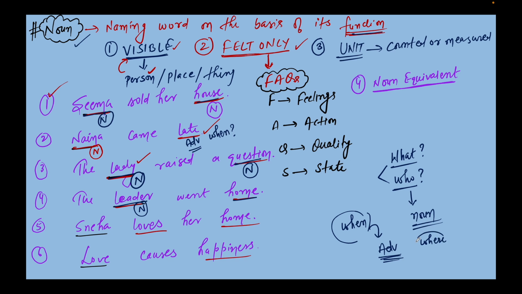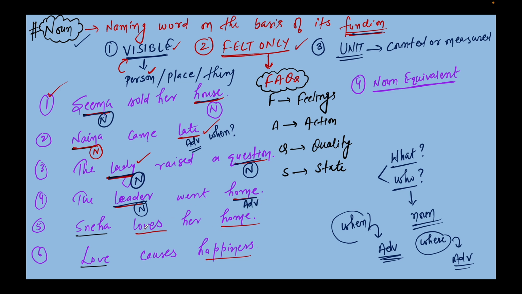If any word is giving the answer of where, in that case, that word will be called an adverb. If any word gives the answer of when and where, these two will be known as an adverb. Is it clear or not? Okay. So it is an adverb.